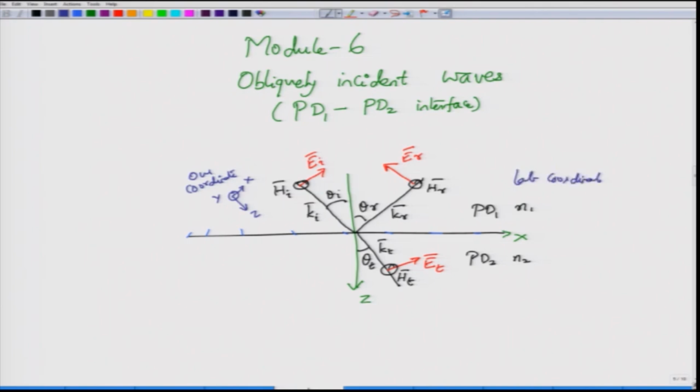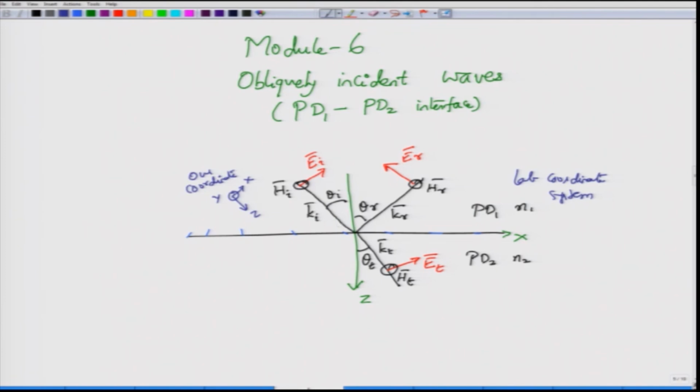When I say lab coordinate system, it is the coordinate system that is chosen before we actually had this light coming in. In our coordinate system we just have a transverse electromagnetic wave, which is the plane wave propagating along the z direction, whereas in the lab coordinate system, the wave is not propagating purely along the z axis, but it also has a component along the x axis.